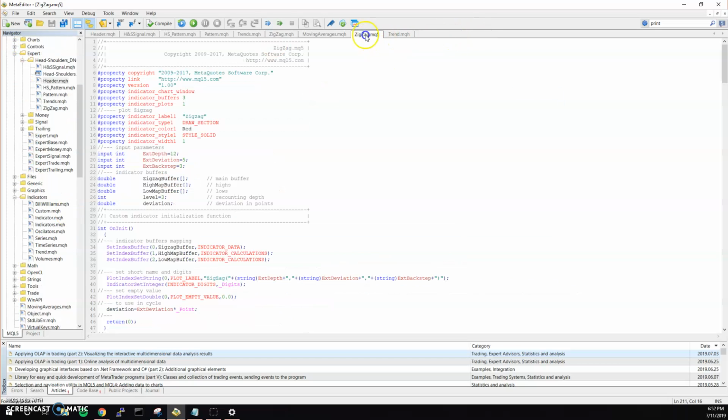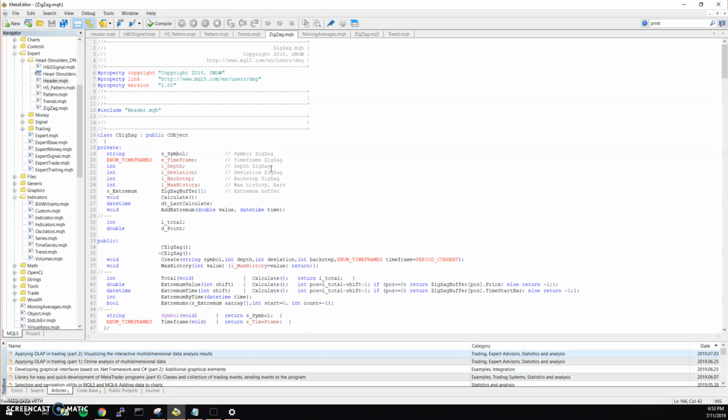Now, this is the one from MetaQuotes, the one that he builds upon. This zigzag indicator helps to determine highs and lows, or extremes, which are necessary for the head and shoulders algorithm because we're looking for a head and two shoulders.